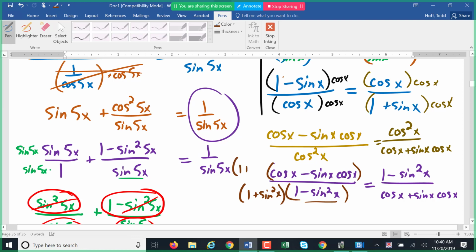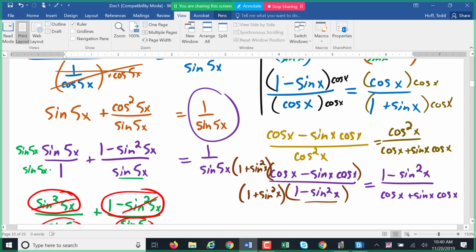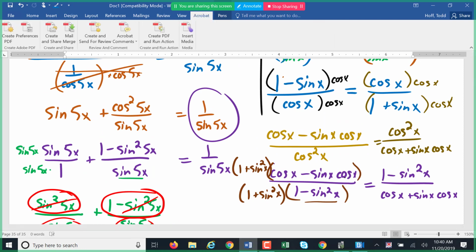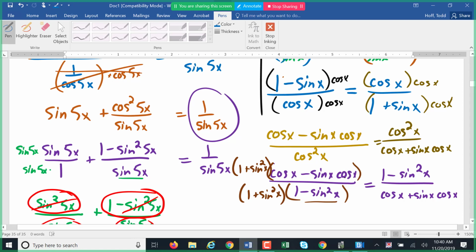So I'm going to multiply here by 1 plus sine squared x. Now, I'm feeling like I might be going down a bad path here. But let's back up. I think I've got a way to make this easier on us.